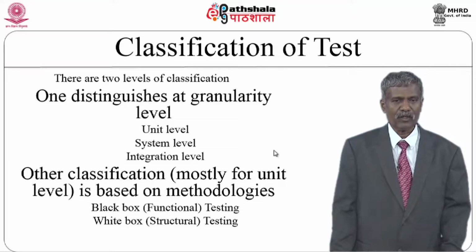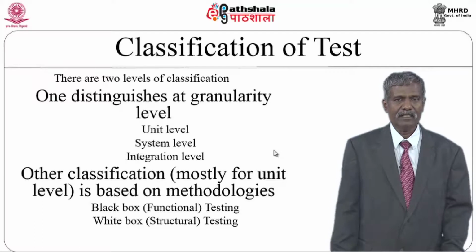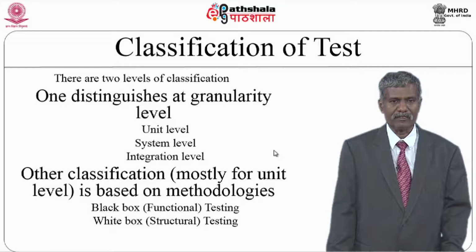This is useful in group projects, where different people develop different modules of the software and everybody tests their own module. That is only unit level testing. Normally, unit testing is done by the developer themselves.